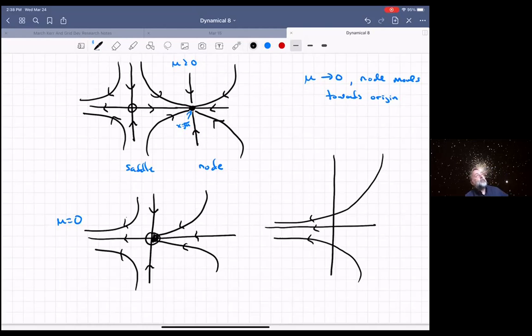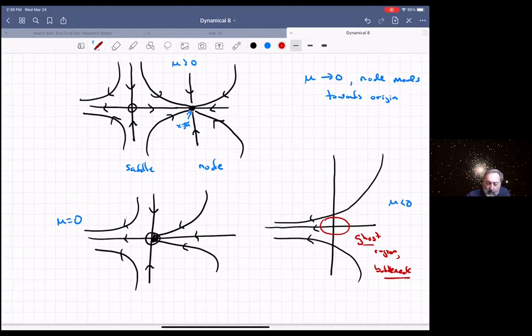You end up with a bottleneck near the origin.